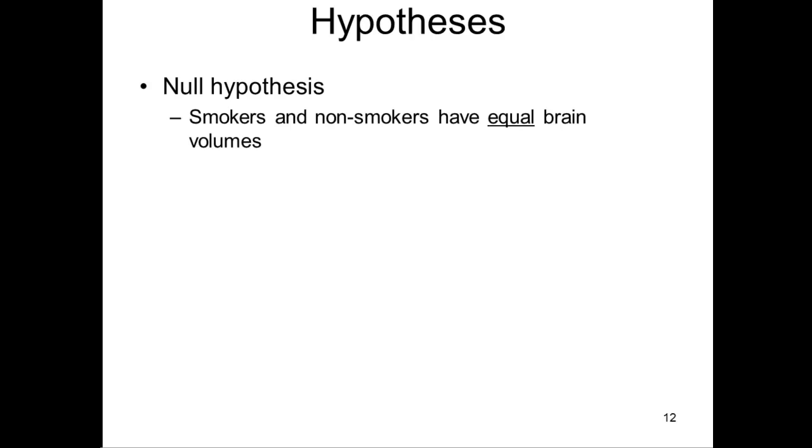So the null hypothesis for this study is that smokers and non-smokers have equal brain volumes. And that's framed in the population as H0: mu1 equals mu2. So brain volume for smokers is equal to brain volume in non-smokers at the population level in the whole world, like 7 billion people, whatever the population is that you're interested in.